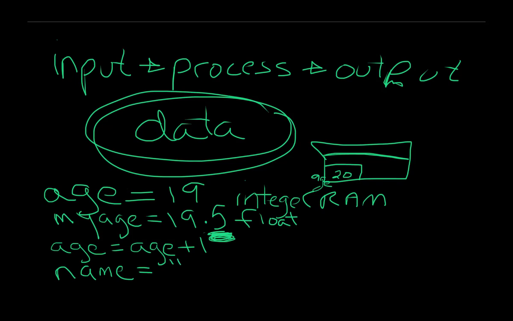To show that this is a string data type, we call these string literals because it's literally whatever is inside the quote is exactly what gets stored inside of memory. So we could store my name, Hillary. So now this string, if we could look inside of RAM right in here, Hillary gets stored right in there with the label name.